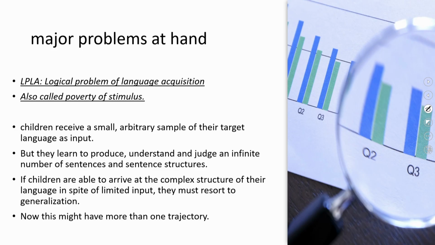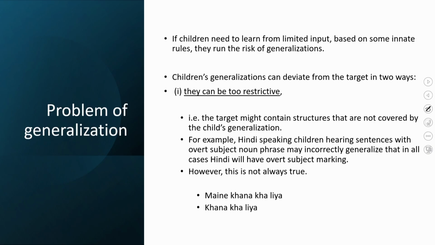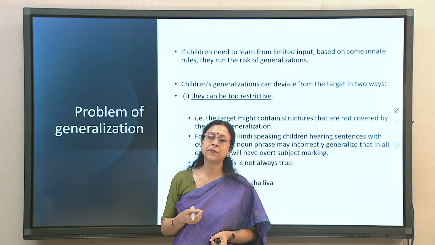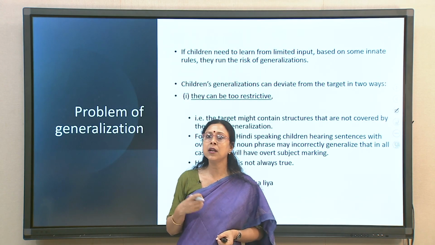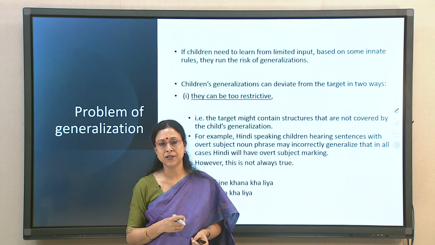What is that problem? That problem is about generalization, and generalization might take at least two different kinds of trajectories. If children need to learn from limited input based on some innate rule, they have the risk of generalization. This generalization can be either restrictive or it can be a matter of over generalization.